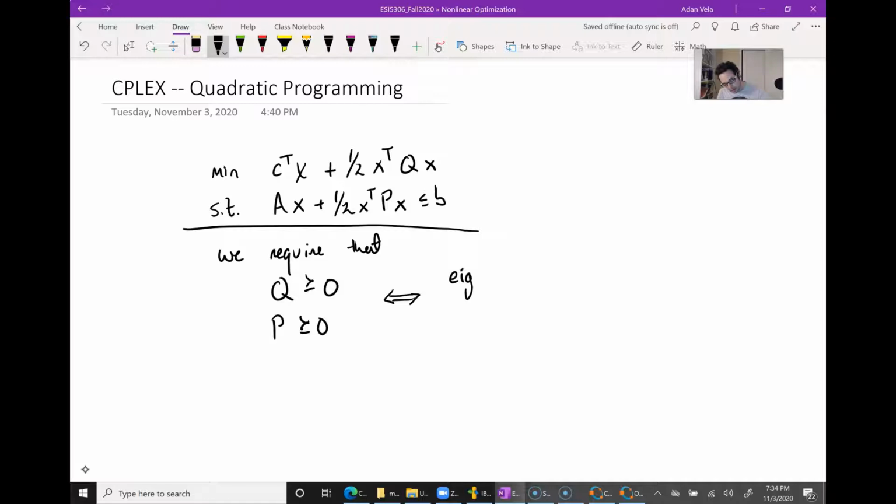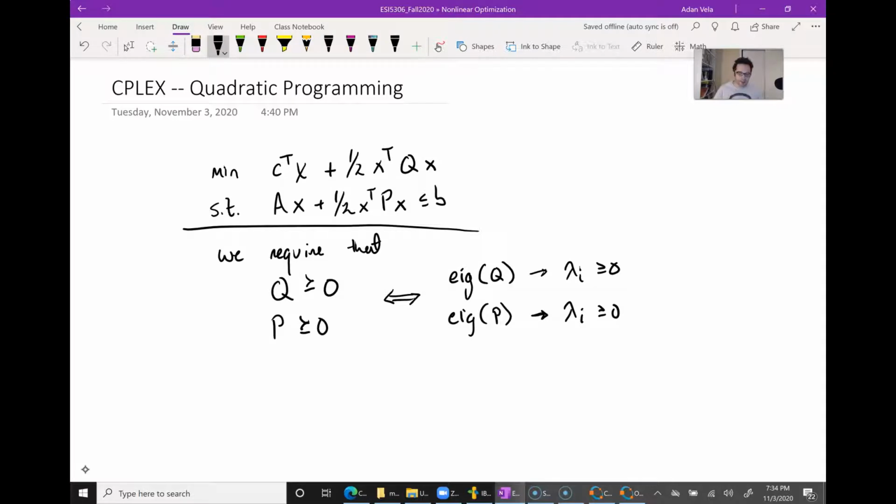So let's say we solve for the eigenvalues of Q. What we'd require is that each of the lambda i's, the eigenvalues, are greater than or equal to 0. And likewise for the eigenvalues of P, the lambdas are greater than or equal to 0.